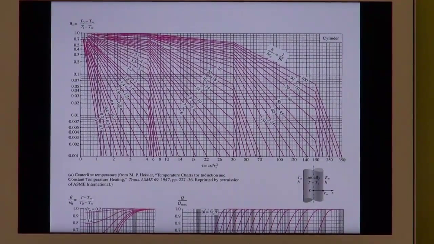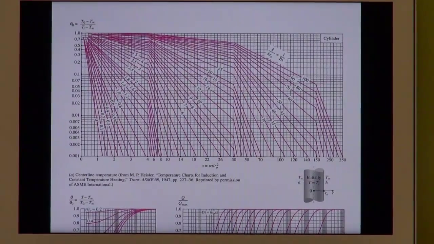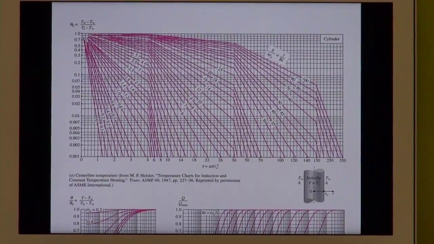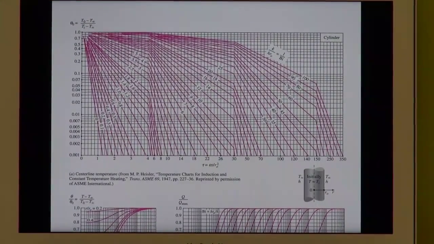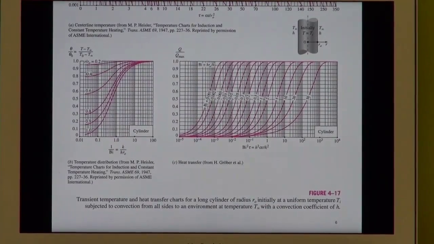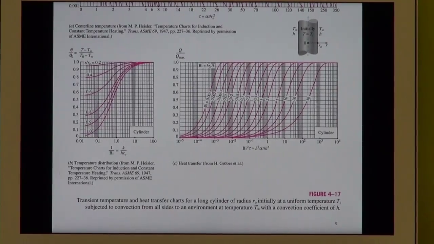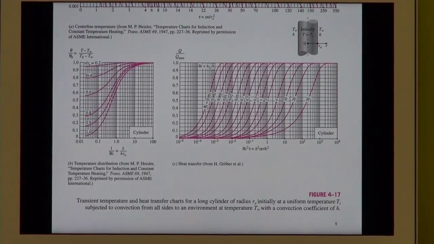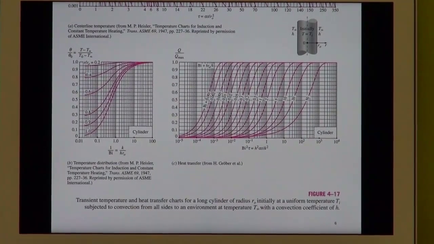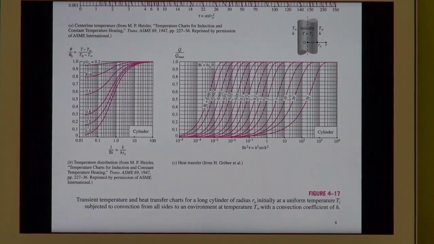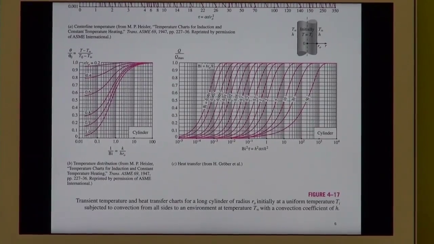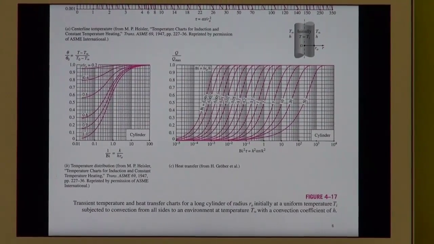I didn't draw in all the lines there, but in principle it is exactly what I've shown you on the board. The second and the third graph is just below, and that is how they look. So you will see three sets of graphs which are called Heisler charts, which can be used to determine graphically an approximate solution.